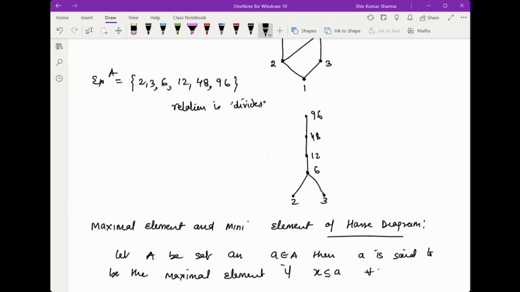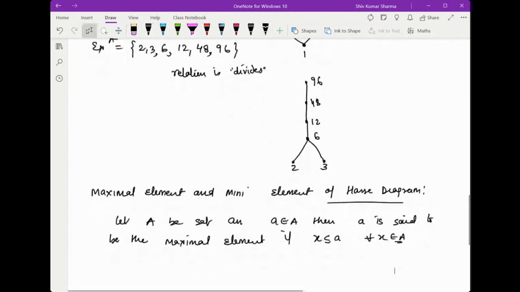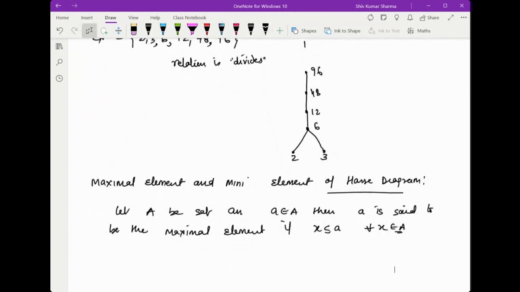That means for every x belonging to A. Maximal element means the element a that we took is the topmost, highest element, and there is no element above it. So that is the maximal element. The x are the other elements which also belong to the Hasse diagram, but for the maximal element, x is less than or equal to a. So a is the highest element.